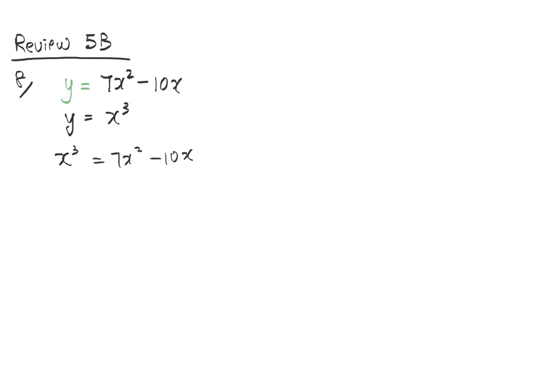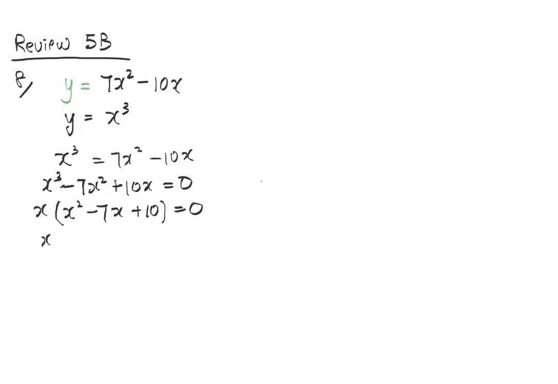Okay, I see who is faster. Okay, so I got the intersection points, x equal to 0, x equal to 5, and x equal to 2, right?